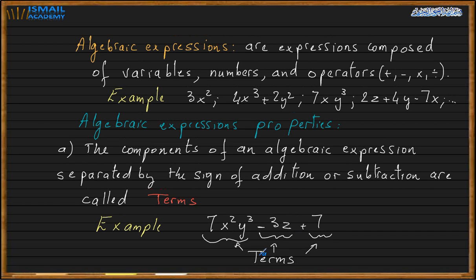And the degree of the term is the sum of the exponents of the powers. The degree of 7 is 0. So here the degree of that term is 5, 0.